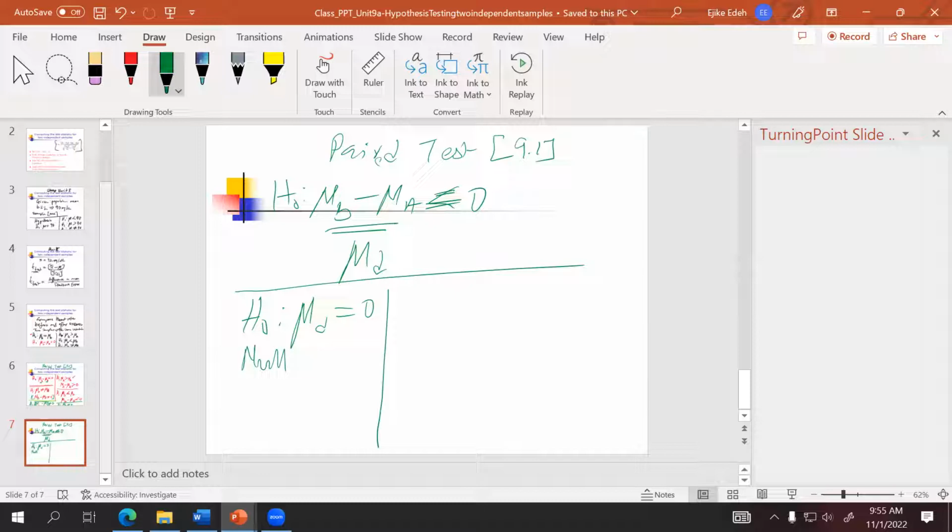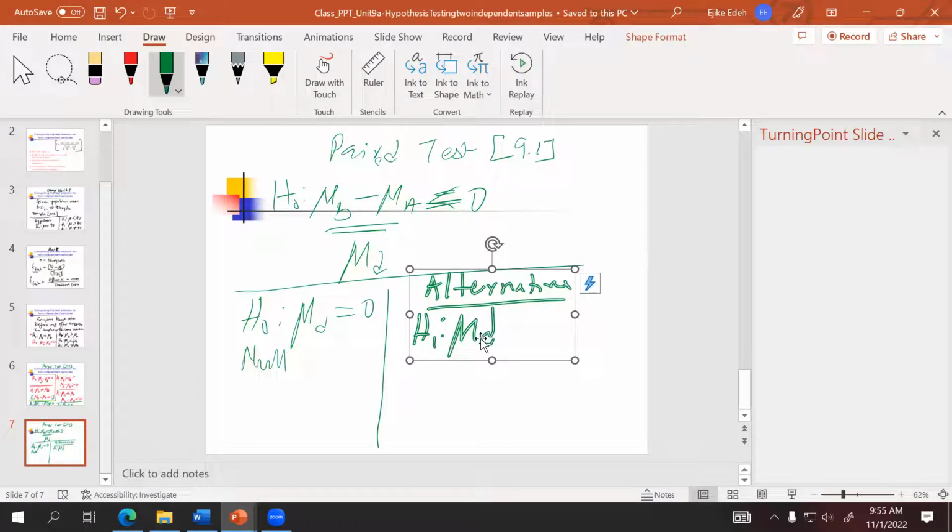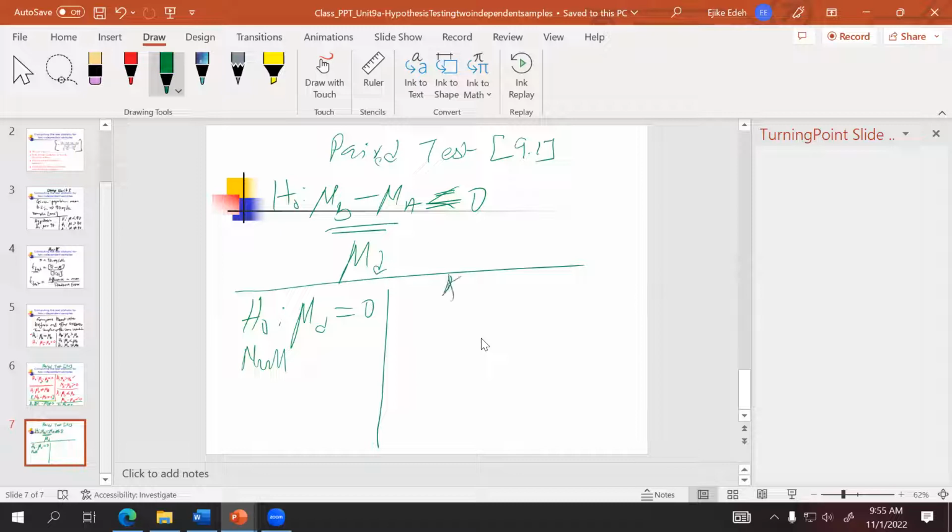And for the alternative hypothesis, I will have that H1, with a subscript, is that the mean of the difference is less than 0.